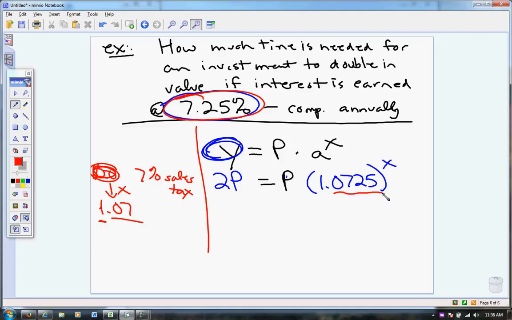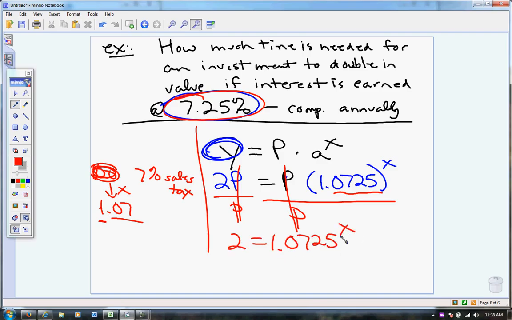Now I need to figure out how to finish this problem. The next thing I can do is a little bit of algebra and divide both sides by p. And now I have 2 equals 1.0725 to the x. You might be thinking, well, what do I do now?